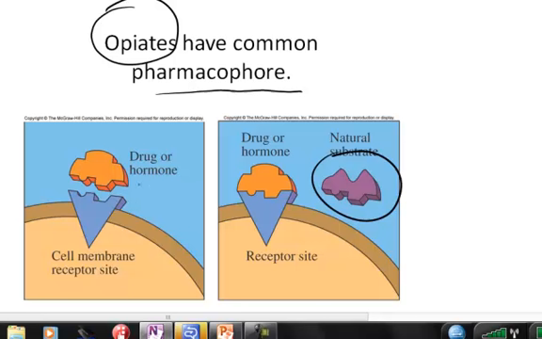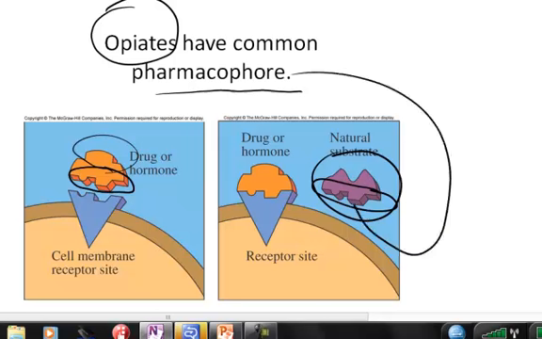Well, the drug, or a hormone acting as a drug, would have the same kind of puzzle piece matching up as the natural substance. The back half of the molecule doesn't have to look the same. It's just the part that's actually interacting in what's called the receptor site, or the active site of the receiving end of the message. So the pharmacophore would be this part right here, where it matches up.